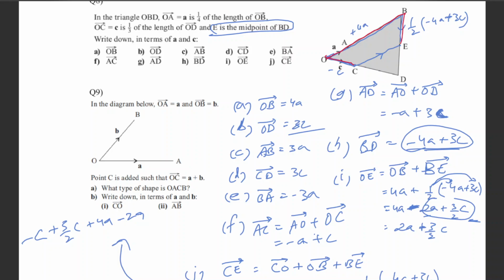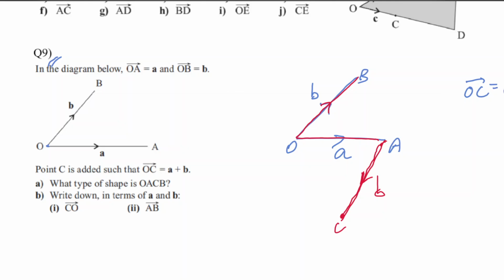So this AC becomes B. Now opposite vectors will be equal. Now you can see that A plus B, same direction, and this becomes OC. So it's a condition of the question that OC should be equal to A plus B.